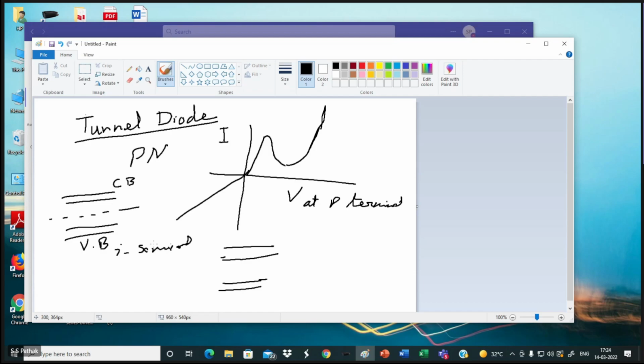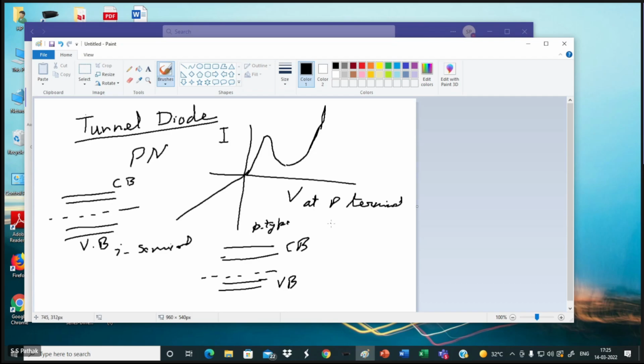So this is my CB, this is my VB. Because the number of holes has increased, the Fermi level comes closer to the valence band. This is your P type. If doping is increased, it goes further down. It may come inside the valence band, because other energy bands will remain unoccupied.